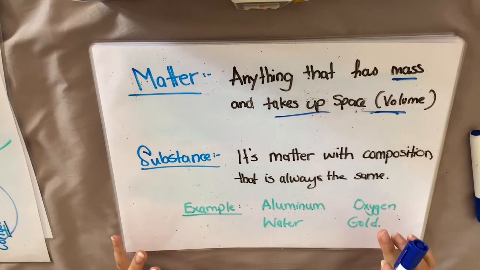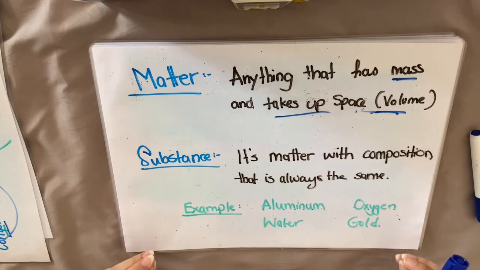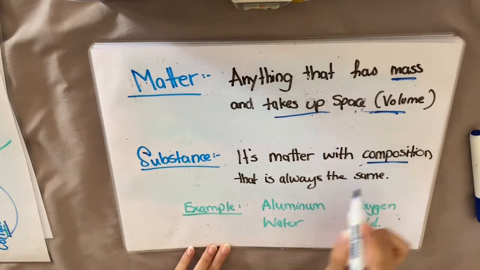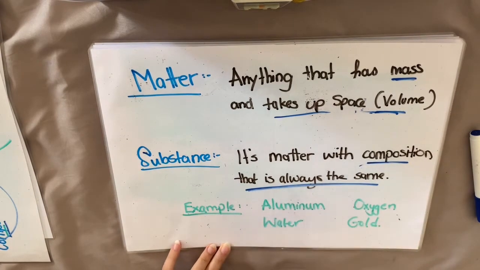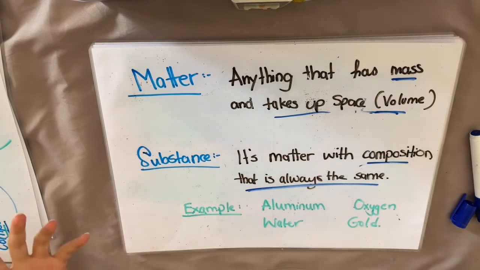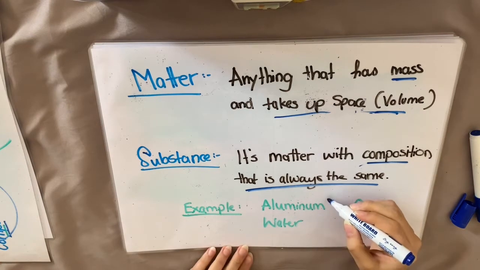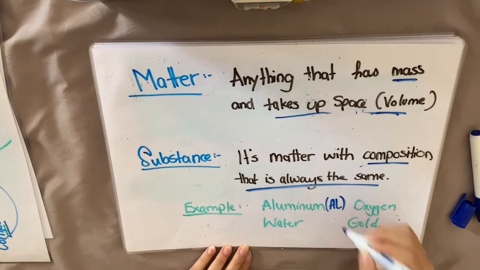Let's start with our first classification, our main concept for today, for this week actually. A substance. A substance is matter with composition that is always the same. Simply, it means that a given substance is made up of the same combination of atoms. For example, aluminum is made up of an aluminum atom.